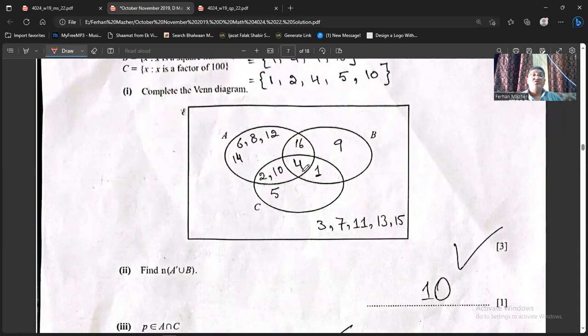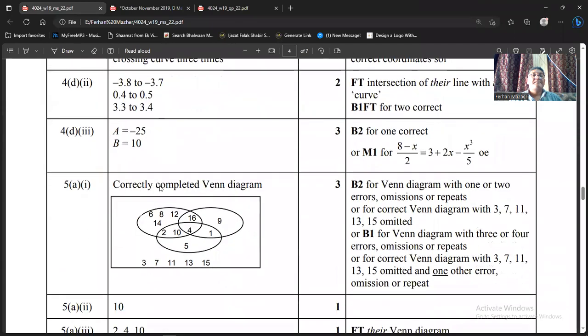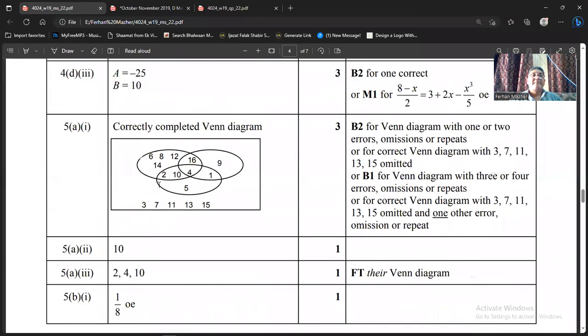And because you do a union with B, 16 and 4 will also come. So how many members are there? 1, 2, 3, 4, 5, 6, 7, 8, 9, 10. So there are 10 members. The answer is right.